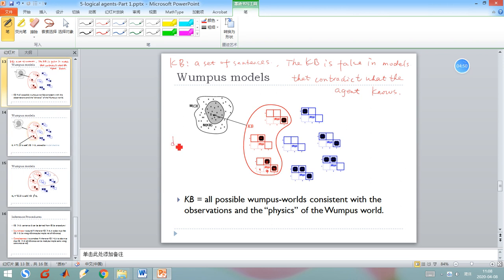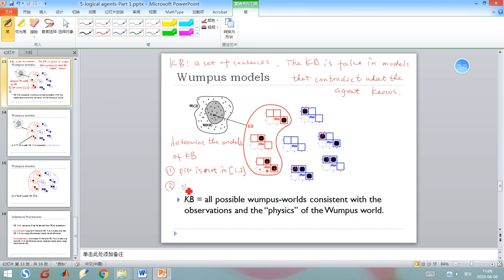So we need to determine the models of the KB. Firstly, a pit is not in square 1,2, so these are not models of the KB.